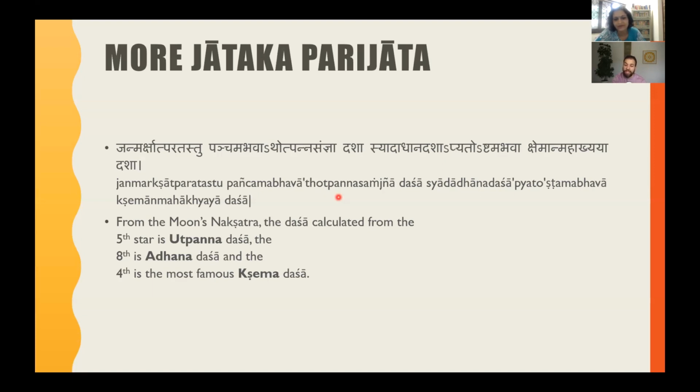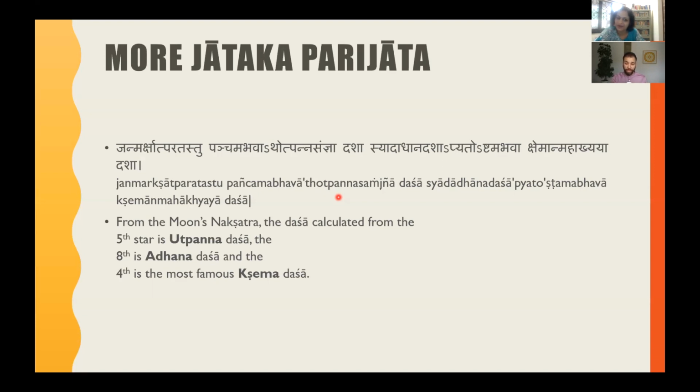So what does that mean? Take your moon, find the fifth nakshatra from it. If you're born with moon in Ashwini, the fifth one will be Mrigashira, and from there you can calculate your Vimshottari Dasha. For those not familiar with the calculation, it always starts from the moon's nakshatra itself.